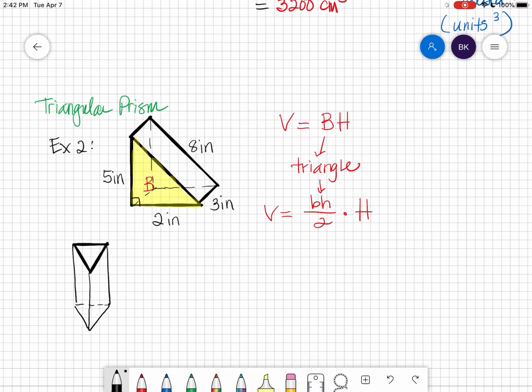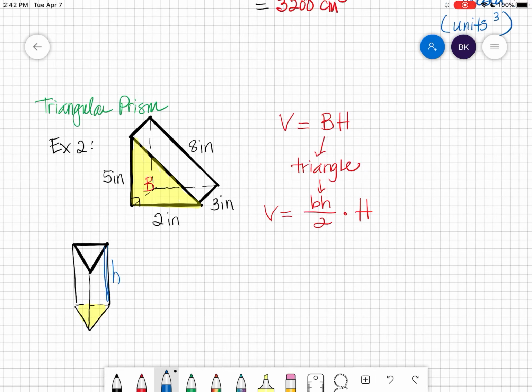Okay, do you see what I'm talking about when I say sitting on its base? I'm going to highlight it. This particular triangular prism is sitting on its base, which is a triangle, right? So again, height should be perpendicular to the base of the triangular prism. So the height would be this length.